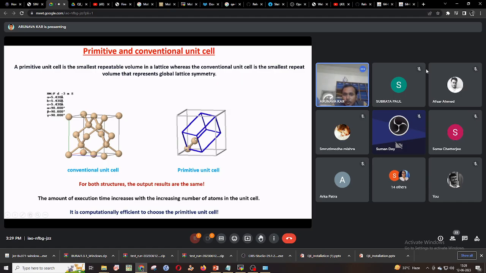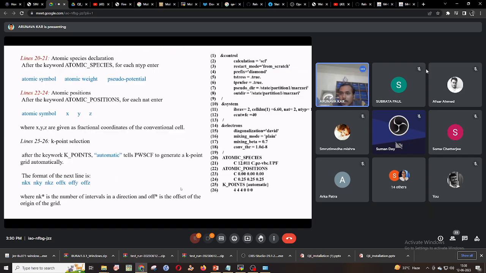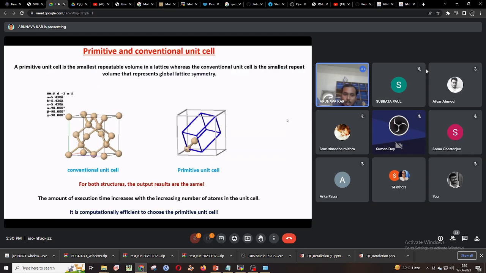If we see both the structures, the output results are the same. What we observe is that with an increasing number of atoms in the calculation, the calculation time also increases. So it is computationally efficient to choose the primitive unit cell.